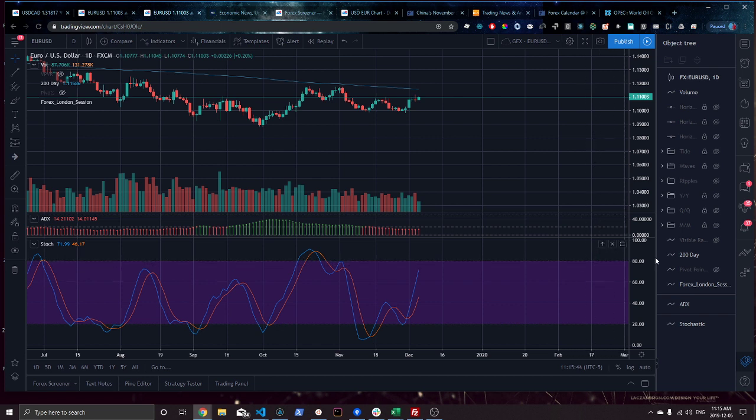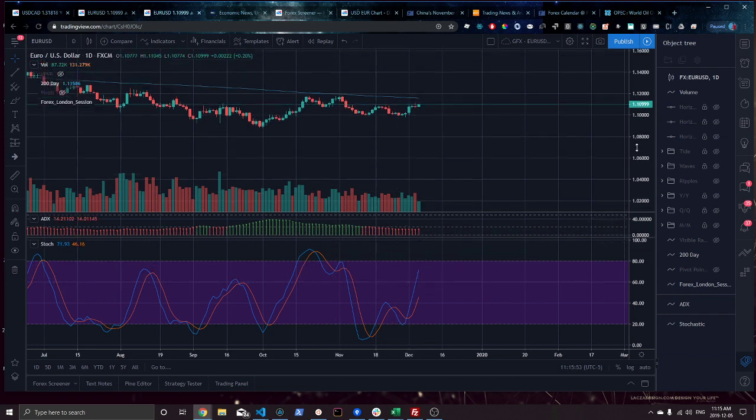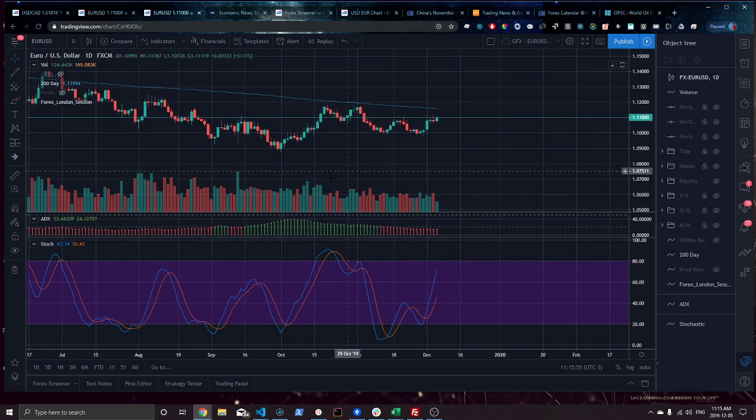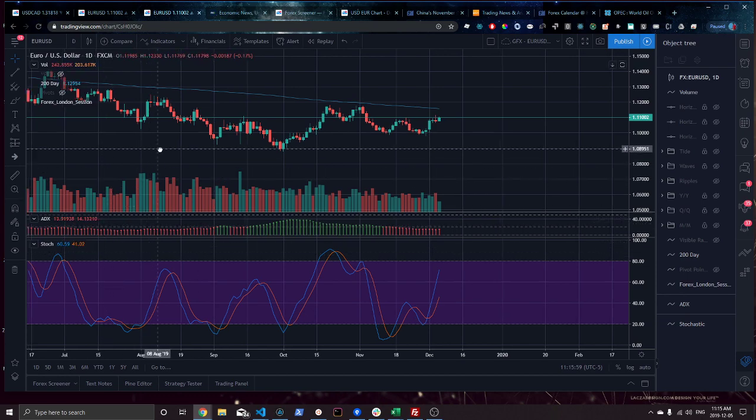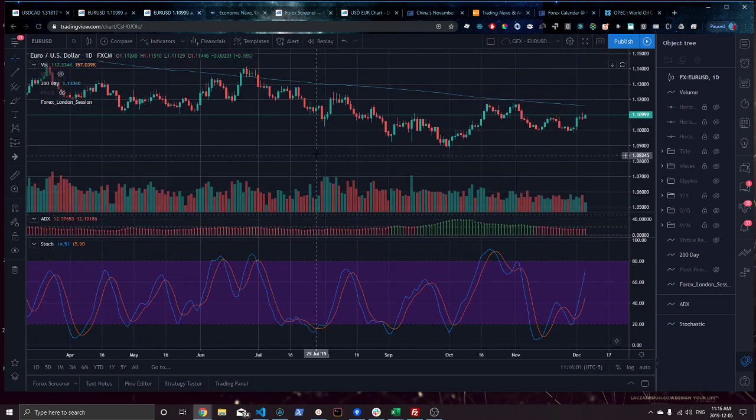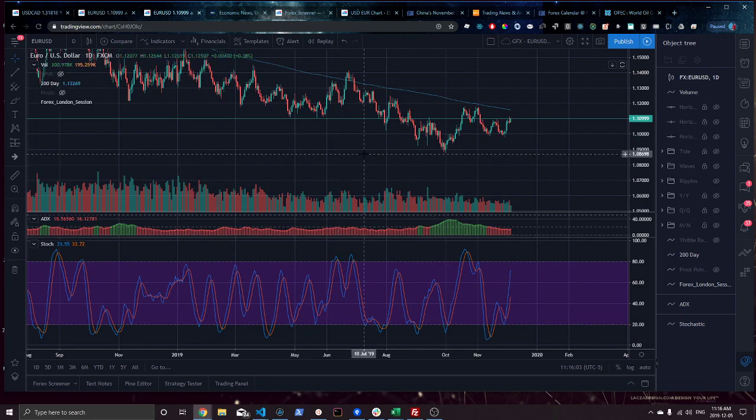However, in some pairs, you'll notice you might want to bring it down to 70 and 30. It really does depend on the pair and the time frame as well, where you want to go back in time a little bit and you could start to see some of the patterns here.